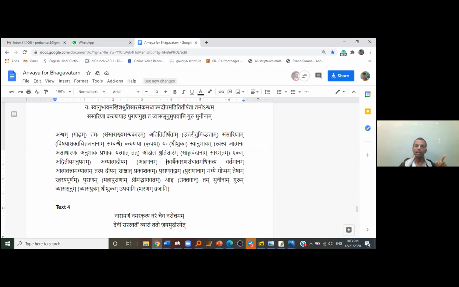So this body is made up of Karya and Karana. Karana is the cause and Karya is the effect. So it's the cause and effect relationship. So the cause, the Karana, is Bhumi, Apo, Analo, Vayu, Kham, Mano, Buddhi.